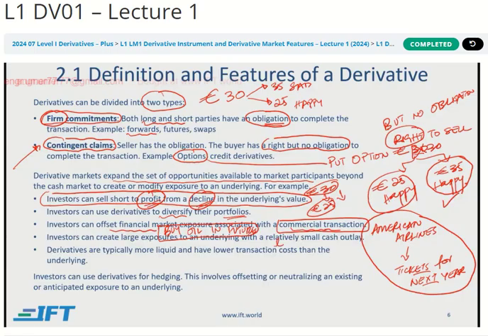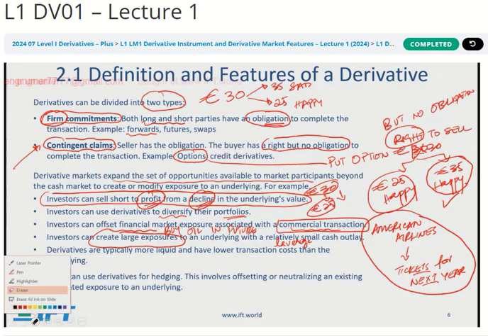Another advantage of derivatives is leverage, and we will talk about that in more detail. What you can do is create very large exposures to an underlying with a relatively small amount of cash, because you don't have to pay the whole money up front.